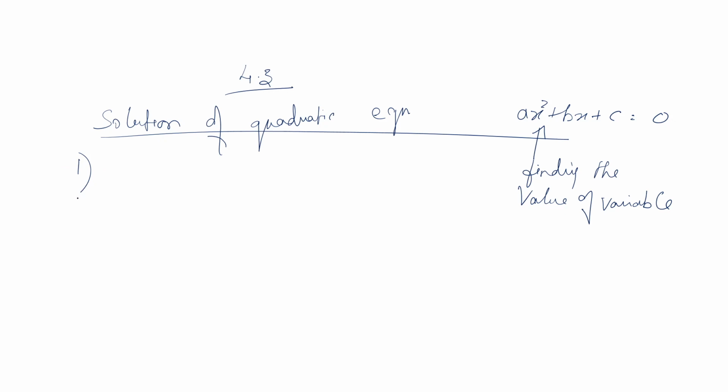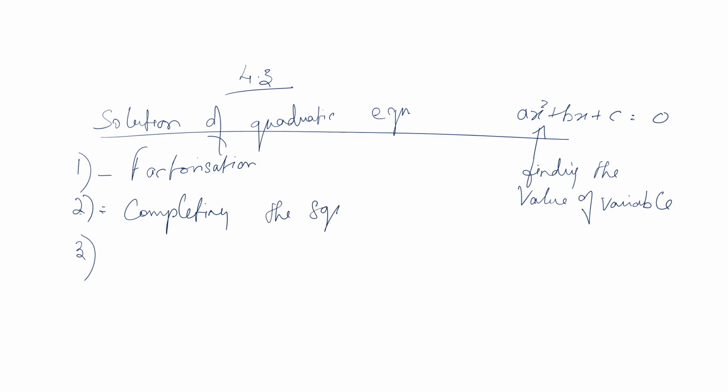So in this chapter, Chapter 4, you have been given three methods. One is factorization, second one is completing the square, and third one is the quadratic formula. In the 4.2 exercise we have seen the factorization method for finding the solution.